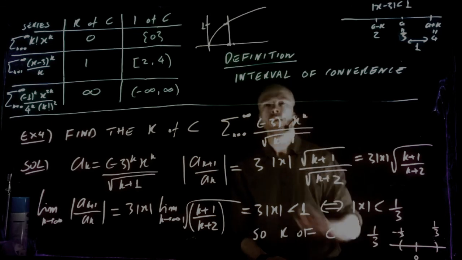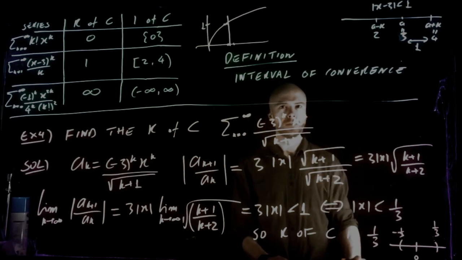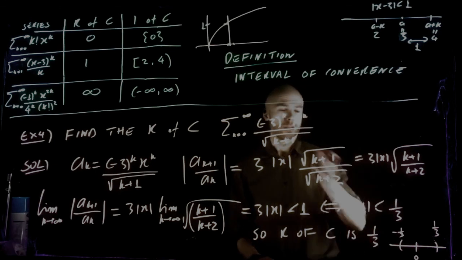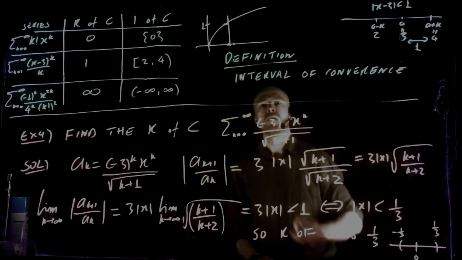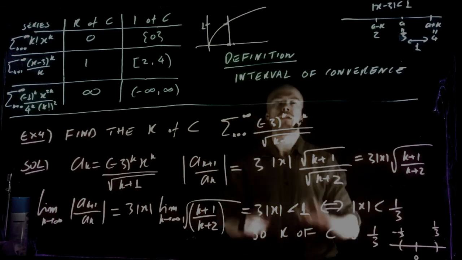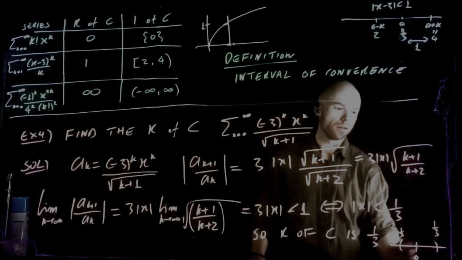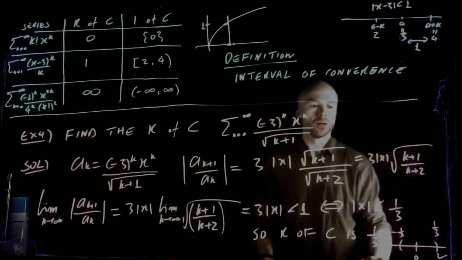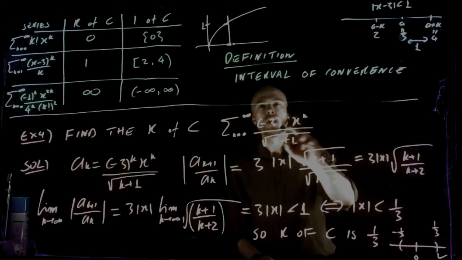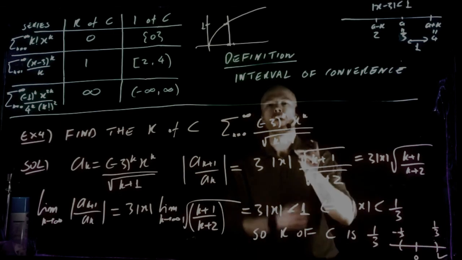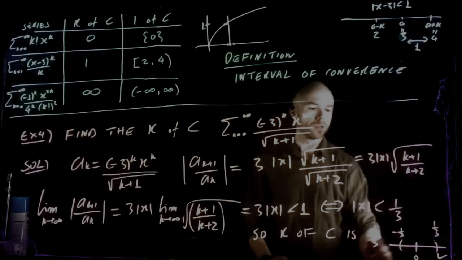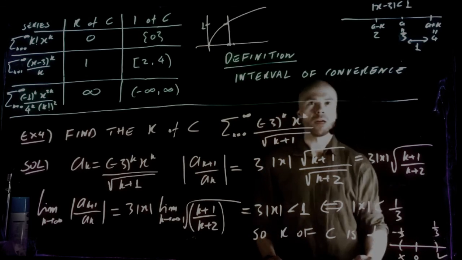Simply put them inside here and see whether or not they converge. Okay. And what would you think? Well, if we put just 1 over 3, then we're going to get a nice alternating series with decreasing terms. So we will converge here at this point. So this guy will be okay. If we put minus 1 over 3, then these minuses will cancel out, and we'll just have the series 1 over square root of k plus 1, which won't converge. So we won't have it here.